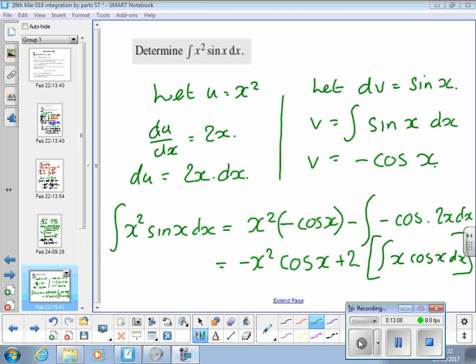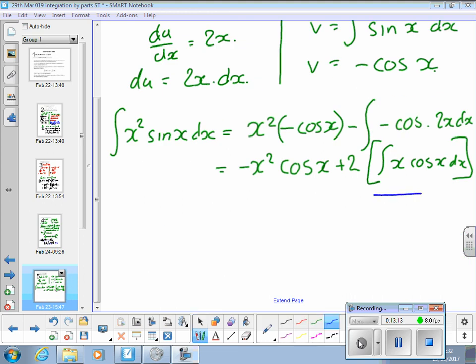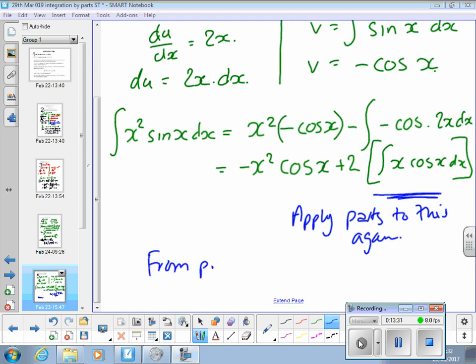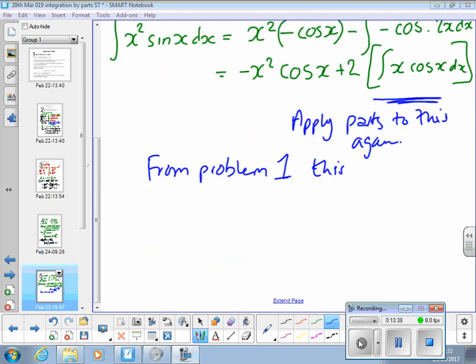So what you have to do is apply integration by parts to that again. Okay, so we'll just write down from problem 1 this is equal to, just read it out to me, the final result of the first problem we did.